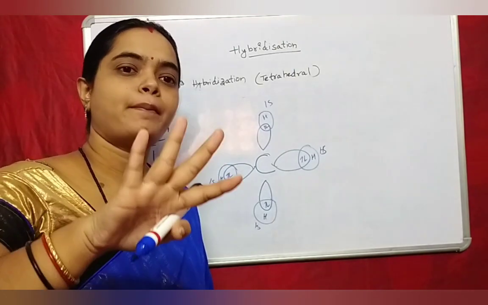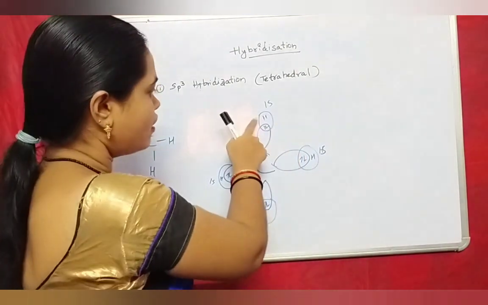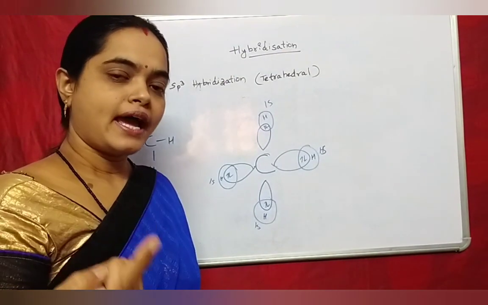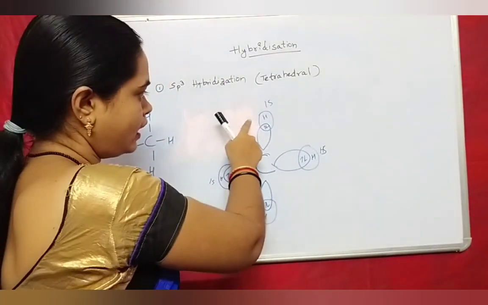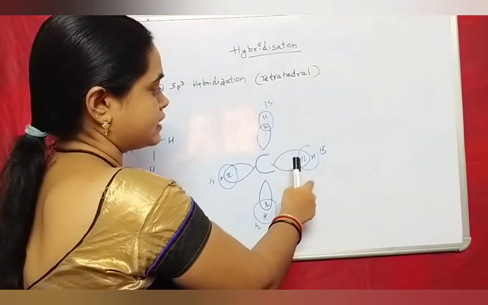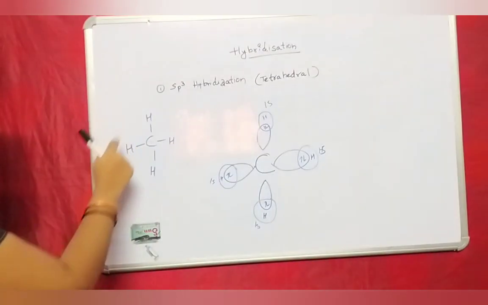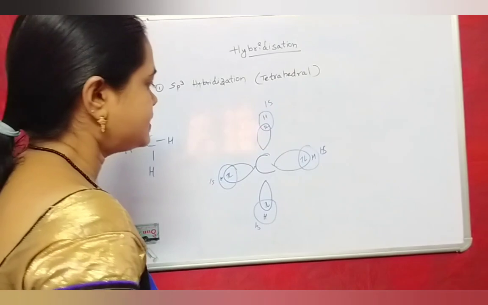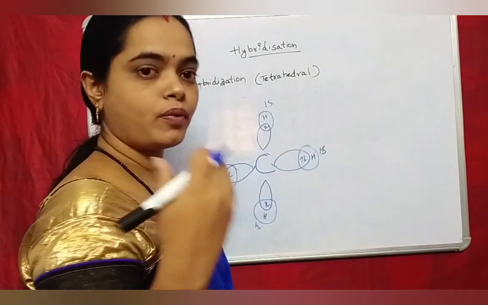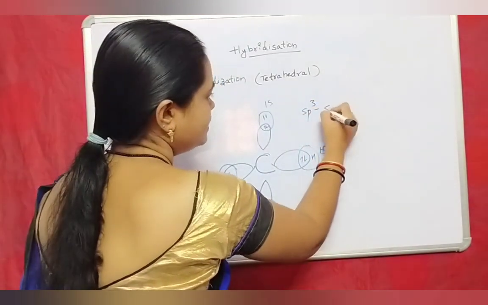These 4 orbitals combine with 4 hydrogens, each having a 1s orbital. Hydrogen has 1 electron in its orbital, and along with the carbon that has 4 electrons, it combines with the hydrogens to form the methane molecule, CH4. This hybridization is sp3 hybridization, and all are single bonds.